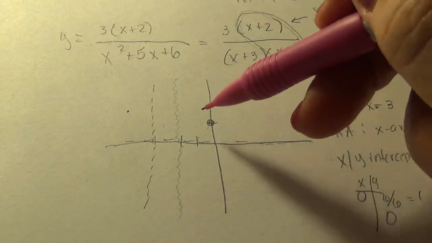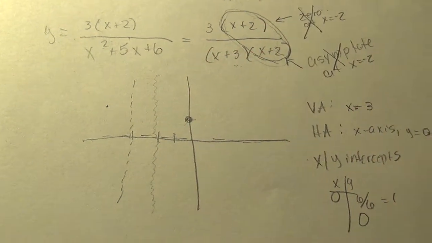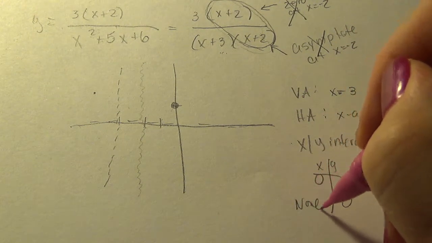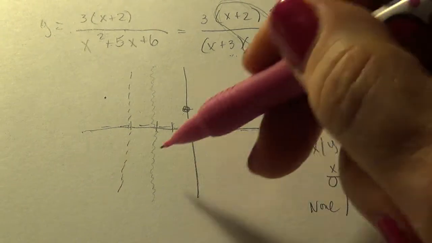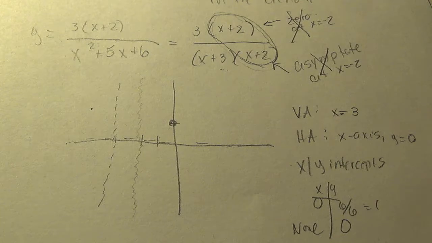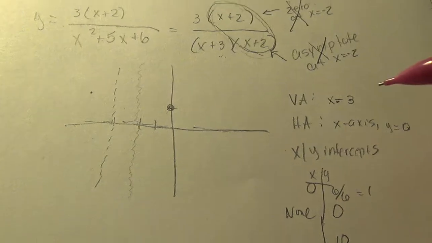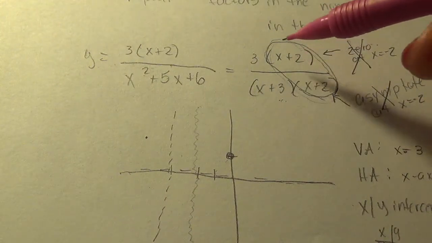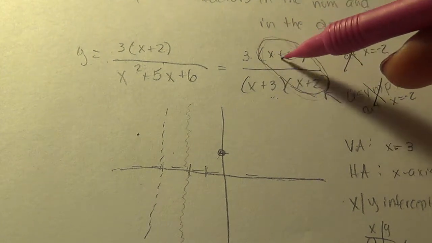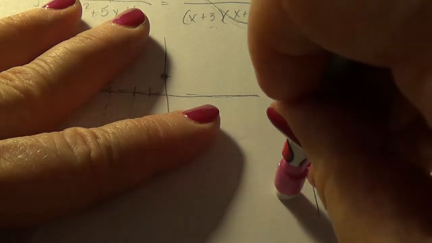X equals negative 2. But that puts me on the crack here, so I'm going to not call that a 0. So there's none. We'll see what happens when we get to this point of interest. All right, and then I want a large value to give me a starting point. So I'll use this factored form. 3 times 10 plus 2 is 3 times 12. So we get a 36.